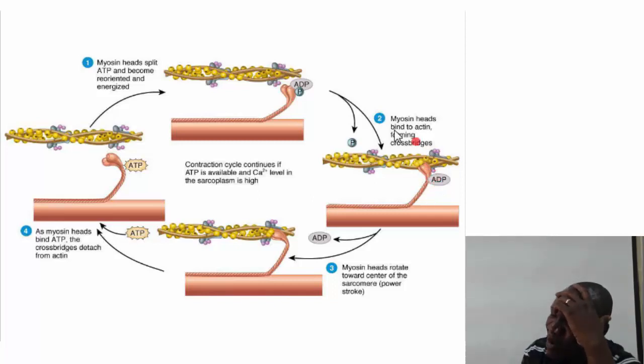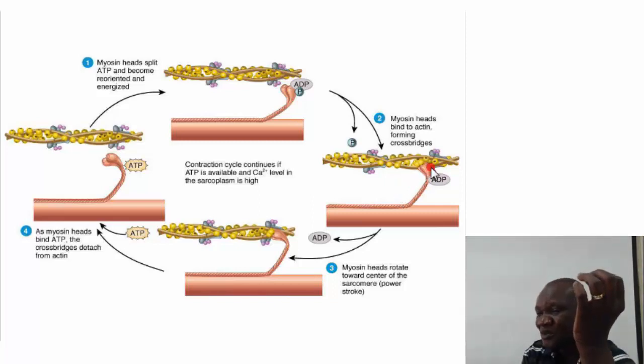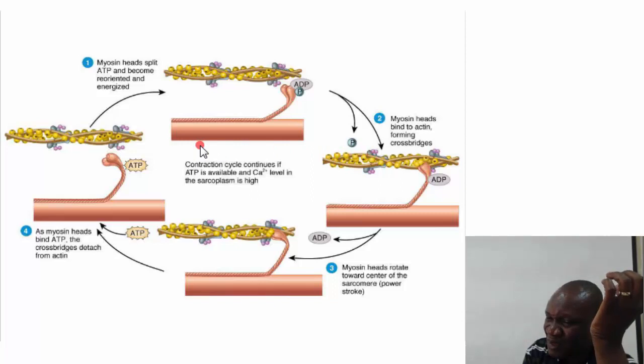This brings about the power stroke, where the myosin head turns about 90 degrees. As it turns, it drags the thin filament across the thick filament. The ADP is then released from the myosin head.